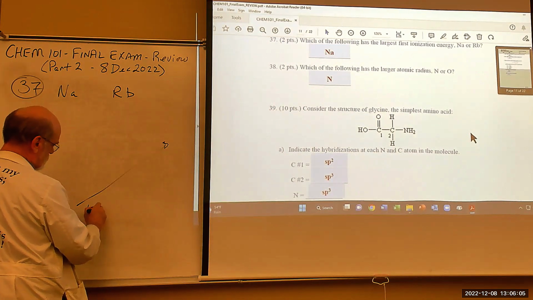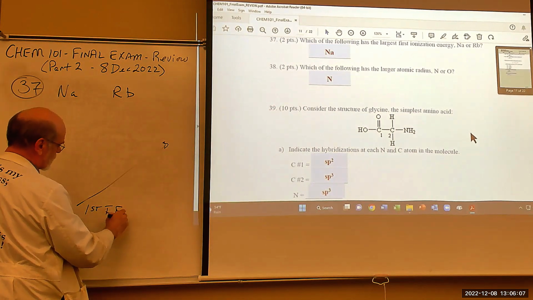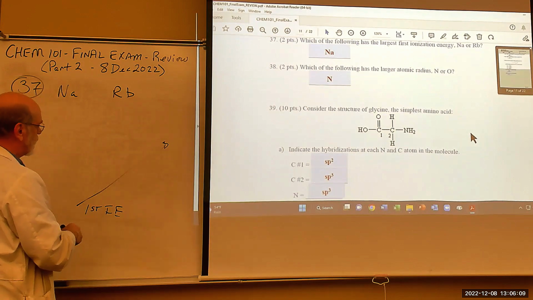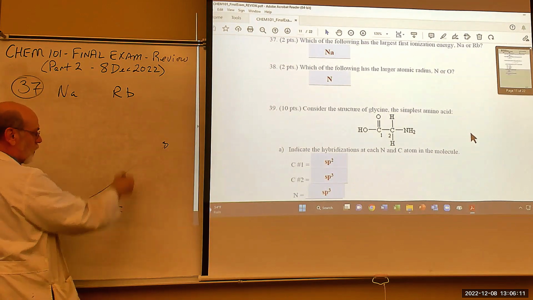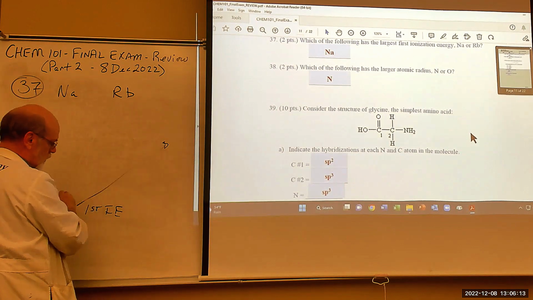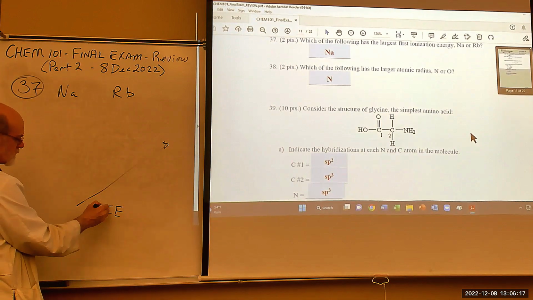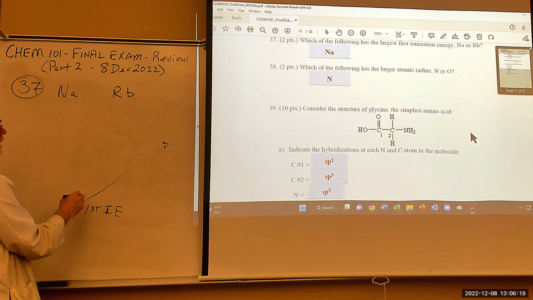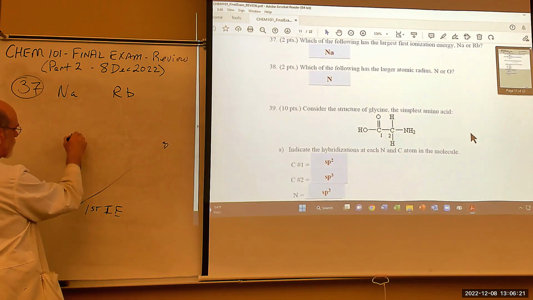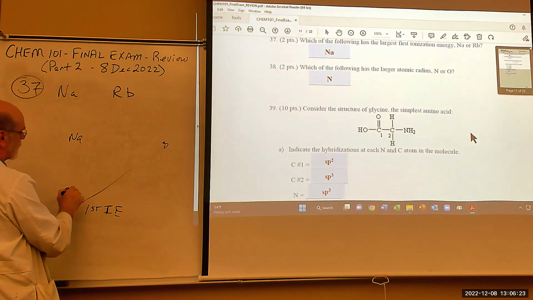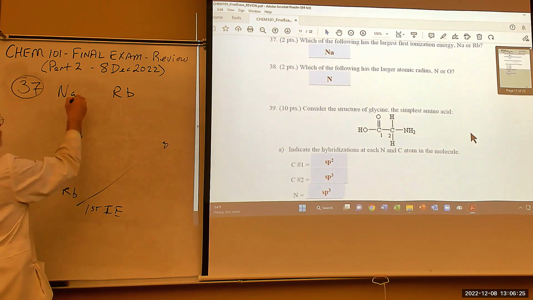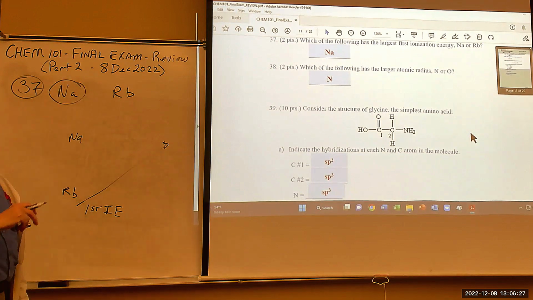So that means if you go up in a group or you go to the right in a period, you're going to be increasing the ionization energy. Right? So where's sodium? Sodium's up here, rubidium's down here. So the first ionization energy should be highest for sodium.